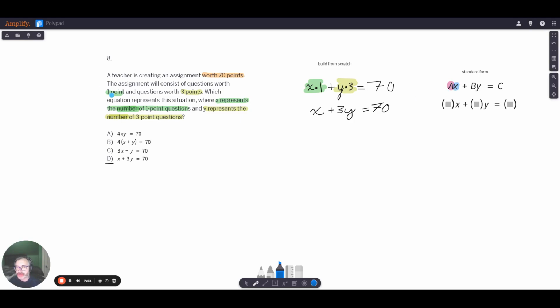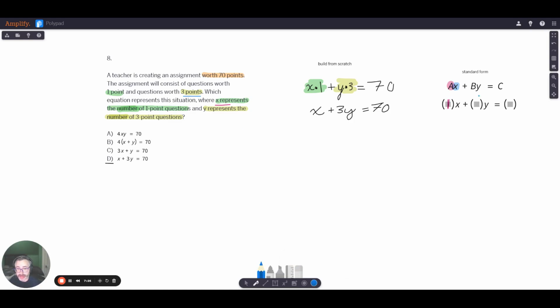Well, how much do the 1-point questions cost? They're worth 1 point. So my a value is 1. How many 1-point questions are there? We don't know. That's our x. Same thing we can do with b and y. B represents how much, so b is how much they're worth.